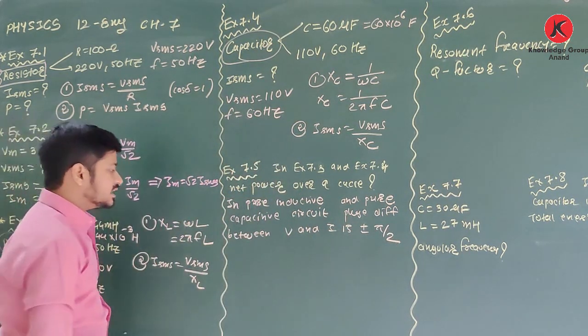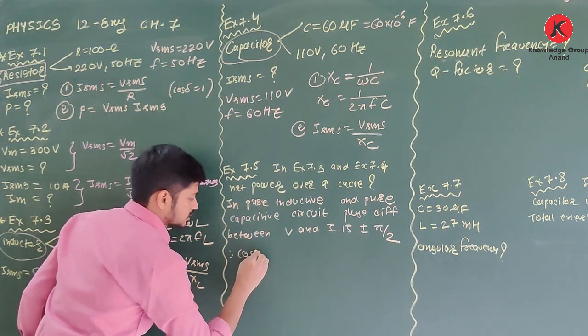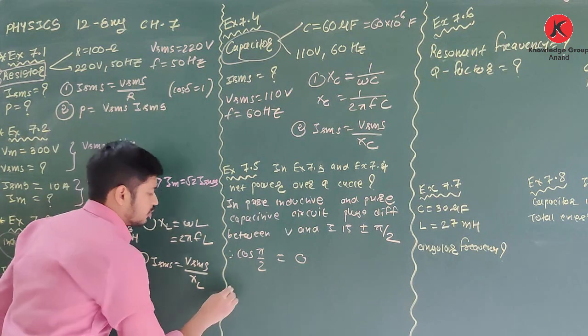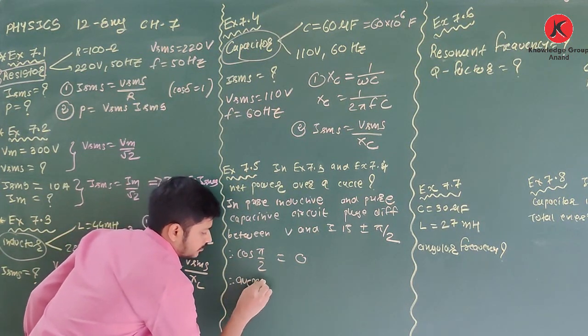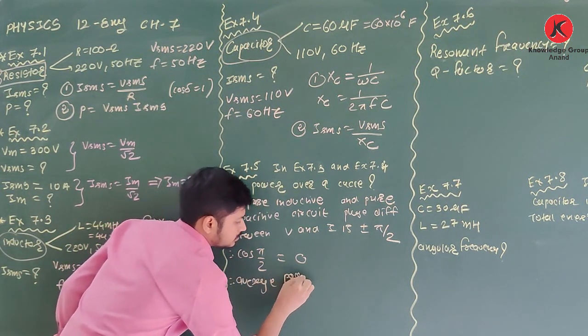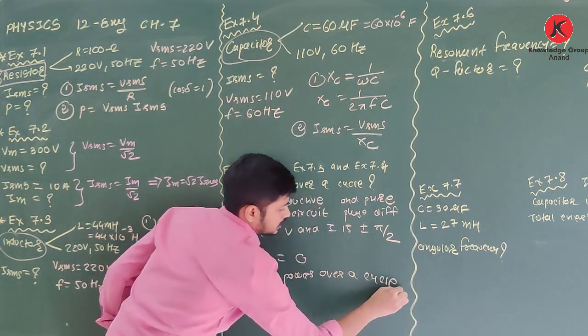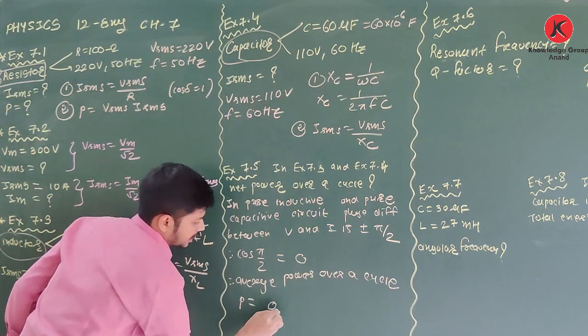Yes or no? And therefore cos pi by 2 will be 0, and therefore average power over a cycle P is equal to 0.